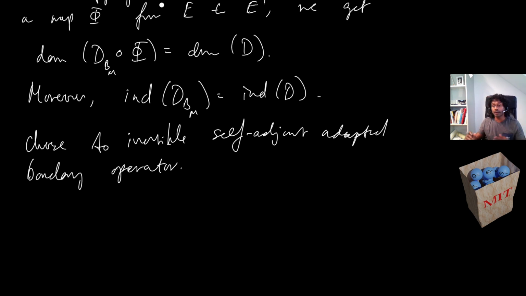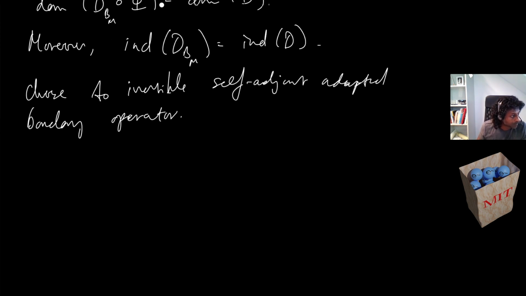That's always possible because we've assumed that we have a self-adjoint adapted boundary operator. Therefore, we can always subtract some small epsilon and obtain that it's invertible. Okay, and so now let's compute with respect to that.